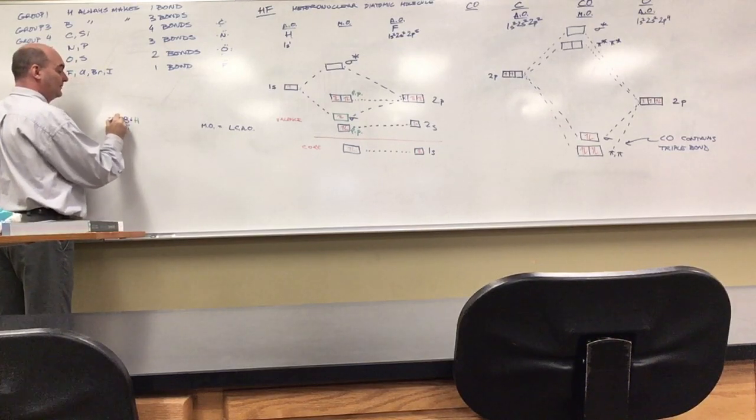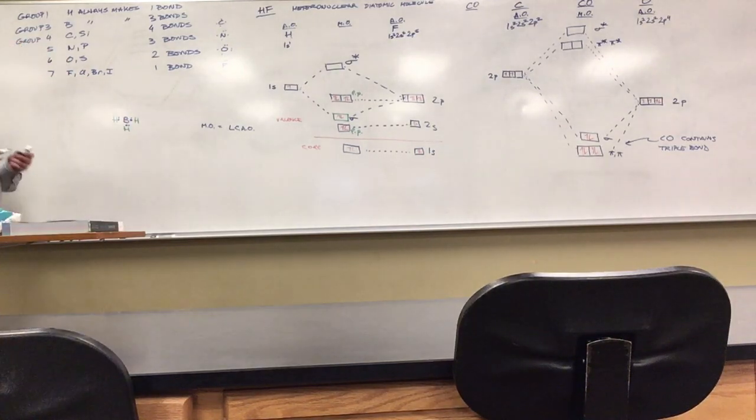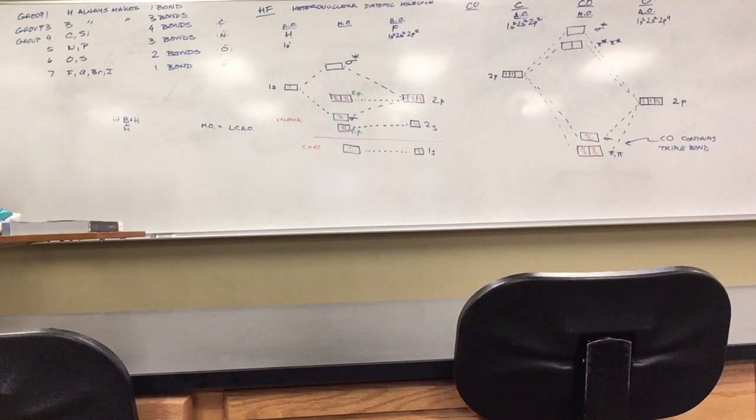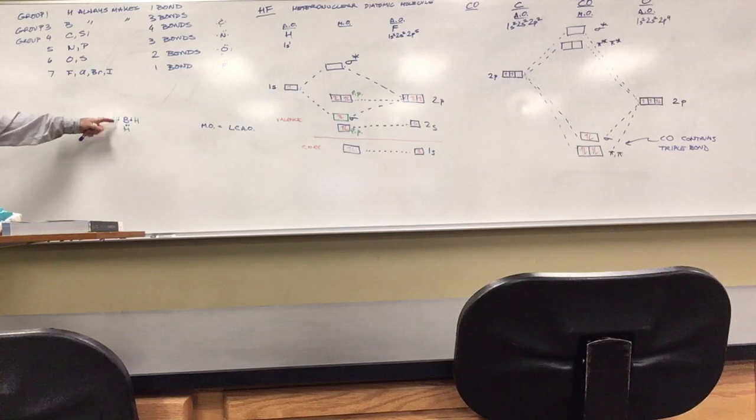There's hydrogen. Boron only has 3 electrons. 2 electrons shared between 2 atoms is a covalent bond. So that's borane right there, BH3. I've made all the covalent bonds that I can possibly make. Borane is not stable and doesn't want to exist because it doesn't have 8 valence electrons.